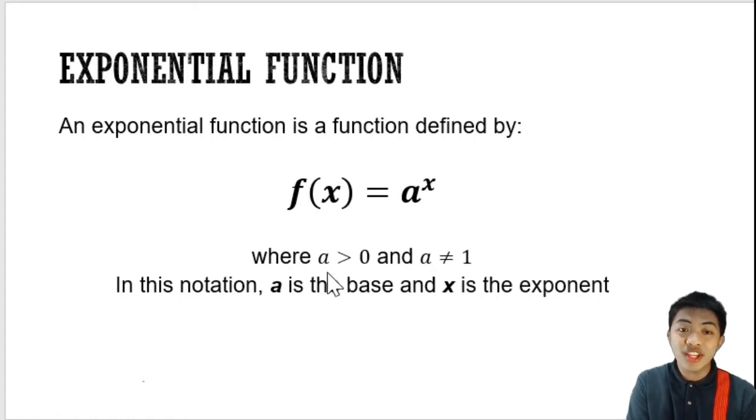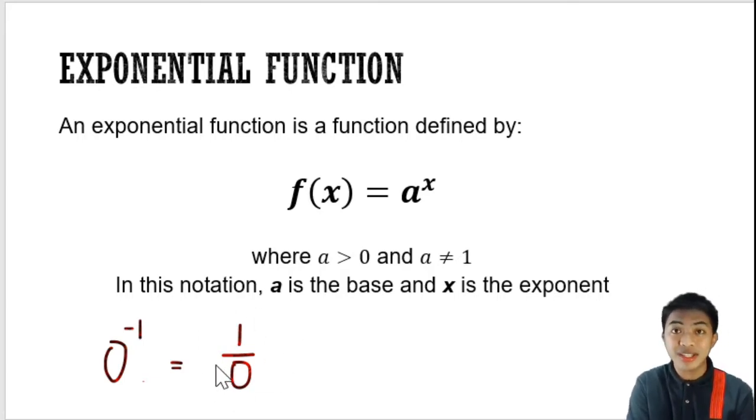Another is that it should not be equal to 0. Hindi included sa 0 sa mga numbers na pwedeng maging base. Bakit? 0 raised to a negative number, let's say 0 raised to negative 1, this is the same as saying 1 over 0. And alam naman natin na 1 over 0 is undefined, di ba? And this is something that we cannot plot in the Cartesian plane.